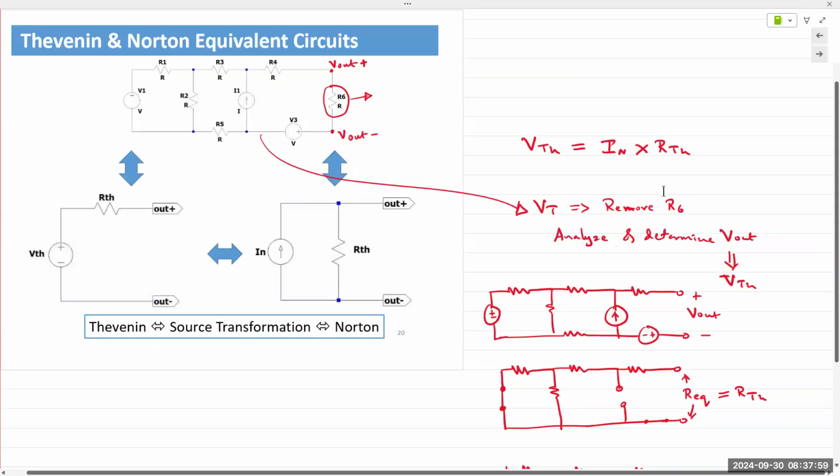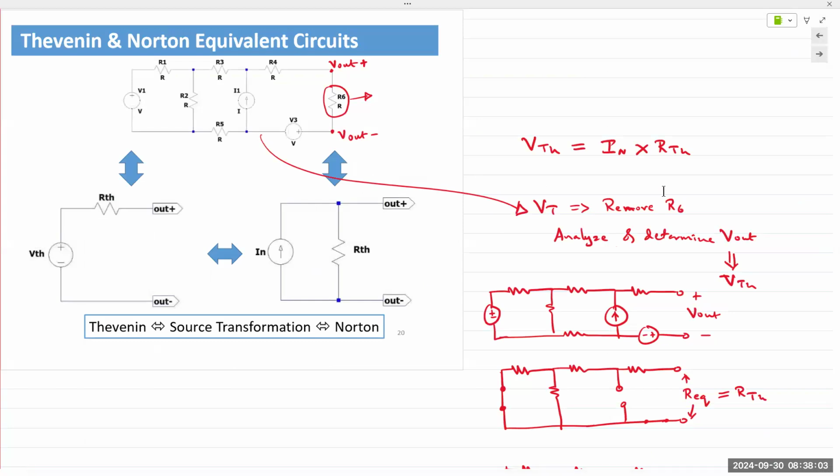So we have this circuit. We don't really care what the circuit is or what it does, but we have this resistor at the far end, R6. So if you're trying to find the Thevenin or the Norton equivalent circuit as seen by that resistor, those words "as seen by" mean that that is to be considered as the load.